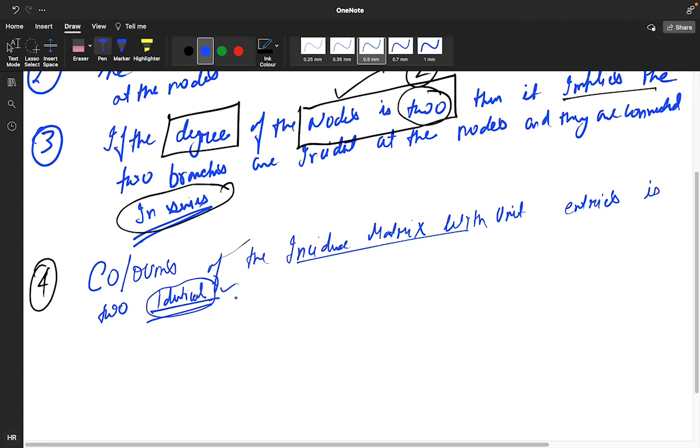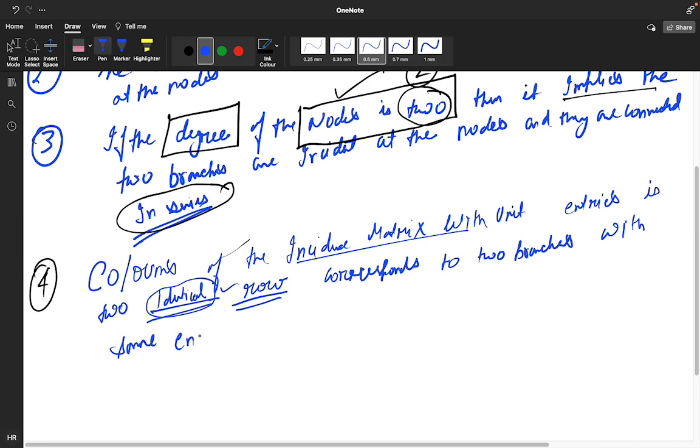So what is the meaning of this? Into identical rows corresponds to branches with same end nodes, and hence they will be parallel.